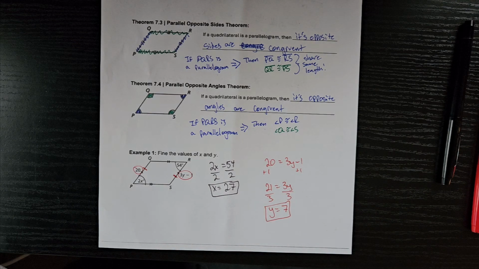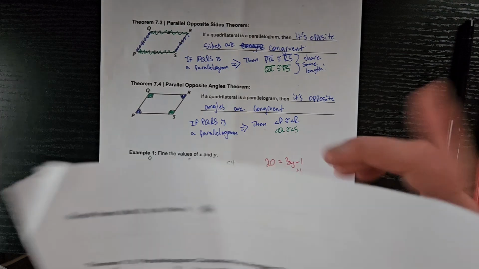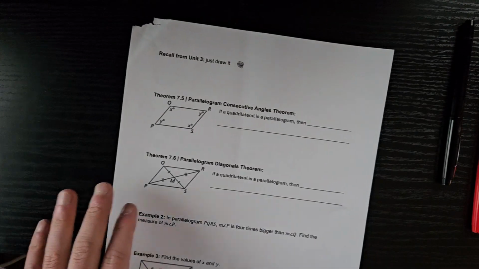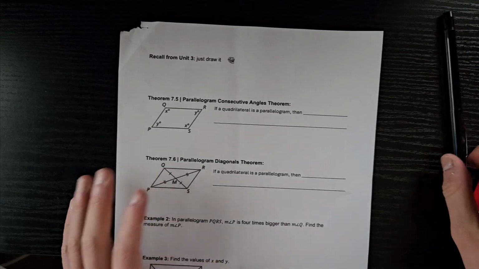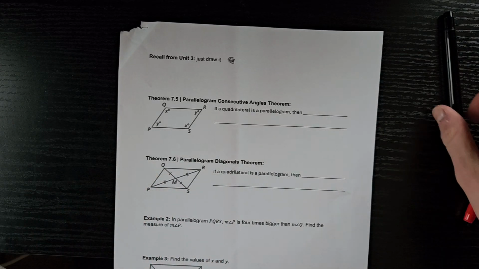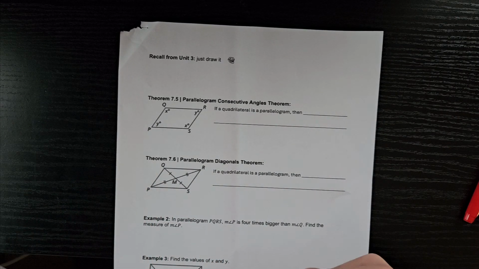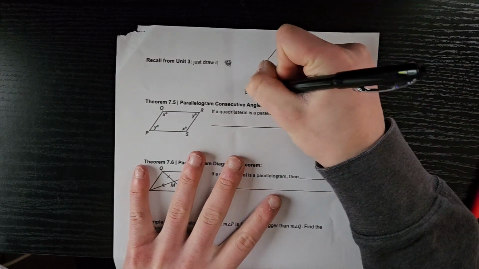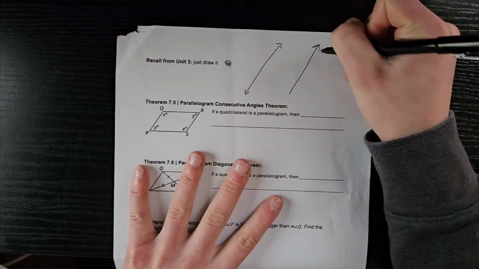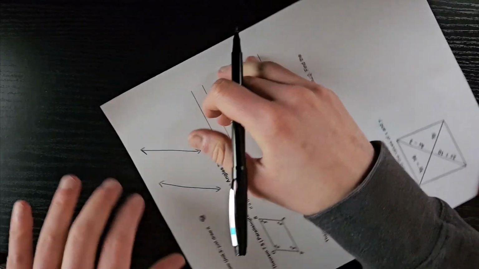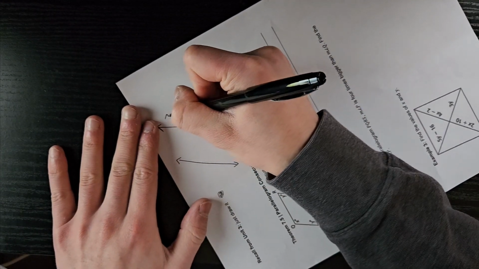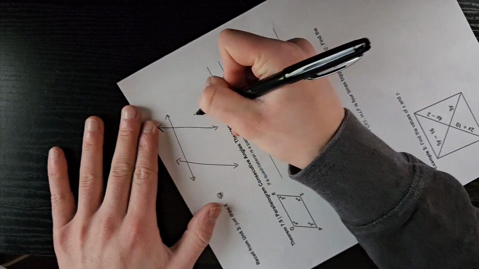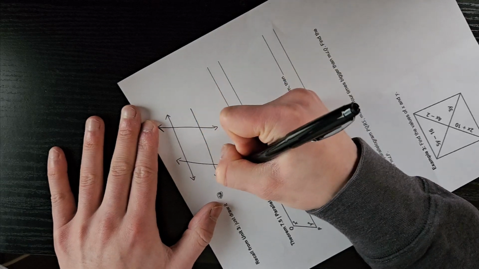All right. Speaking of Unit 3, there's something we can recall. I don't know if you remember this little moment, but we had some problems with transversals and parallel lines, and we might have come across a picture like this.